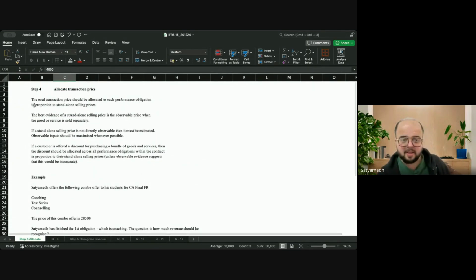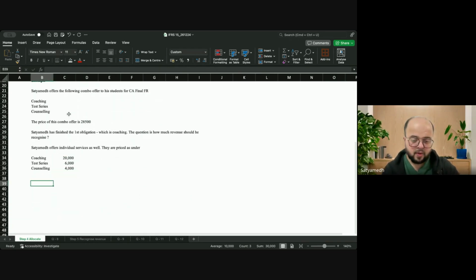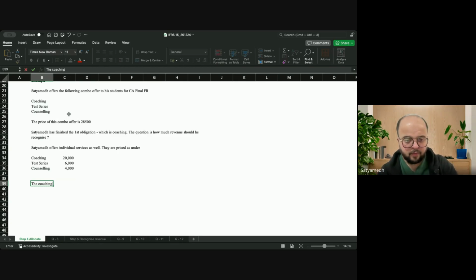What does the accounting standard say? The total transaction price should be allocated to each performance obligation in proportion to the standalone selling prices. So the total transaction price of 28,500 should be allocated to the three obligations in proportion to their standalone selling prices.